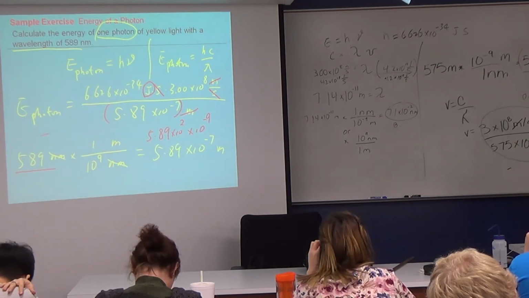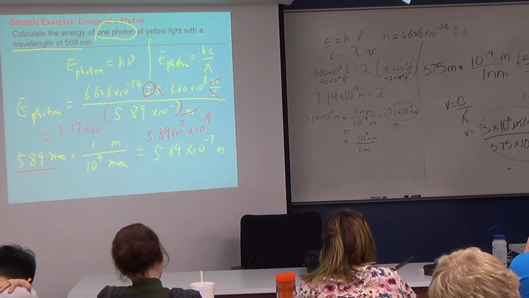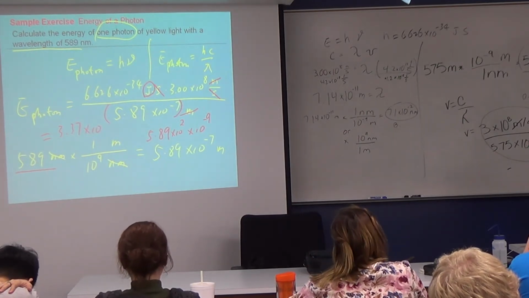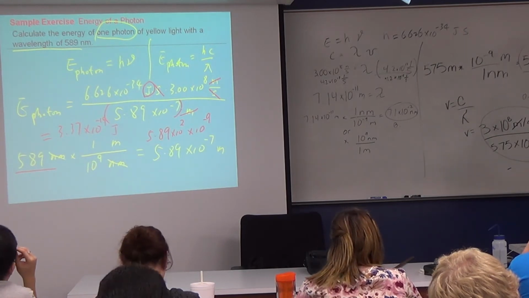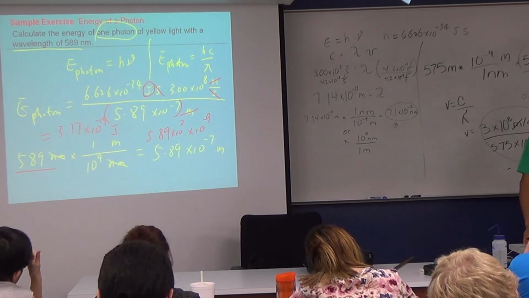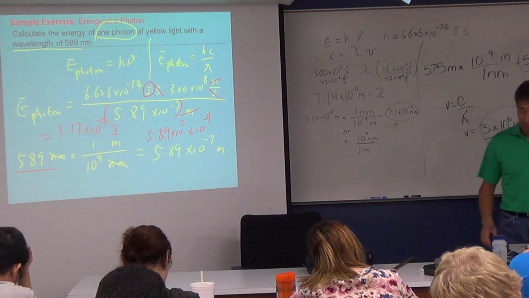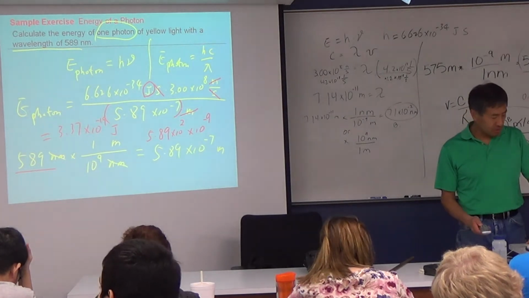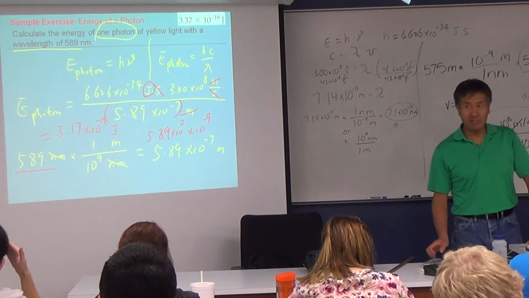I think I get 3.37, keeping only 3 significant figures, times 10 to the negative 19 joules. Am I right? Right, I think that's it. 3.37 times 10 to the negative 19 joules.